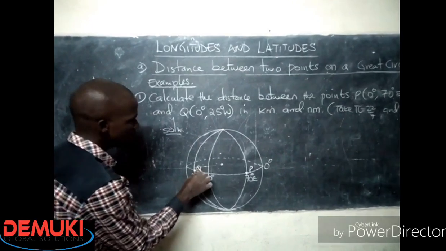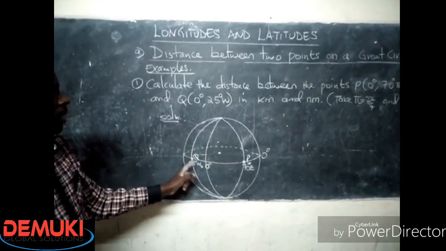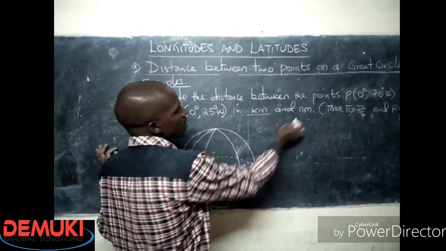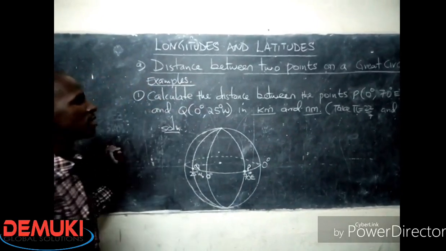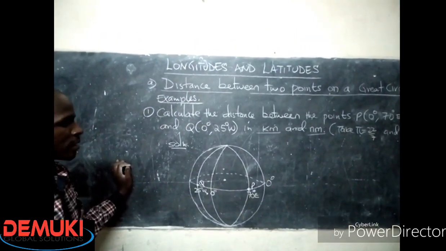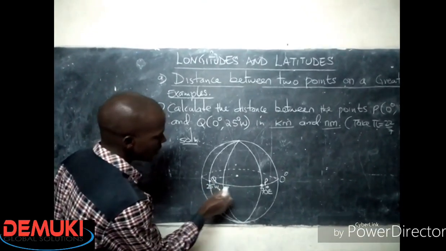So this is our point Q. So this is our P, and this is our point Q. So we are required to get that distance first in kilometers, and then later on in nautical miles, nm.